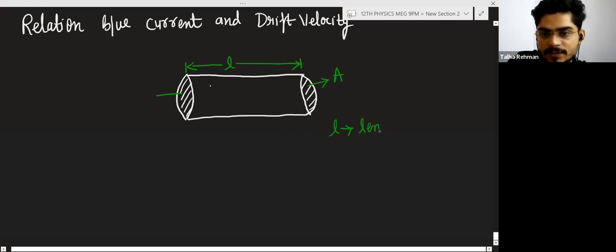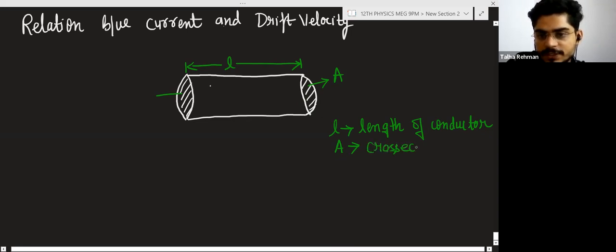L is the length of the conductor, A is the area of cross section.